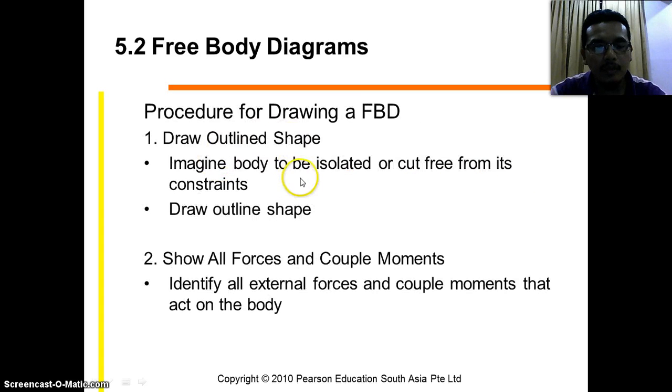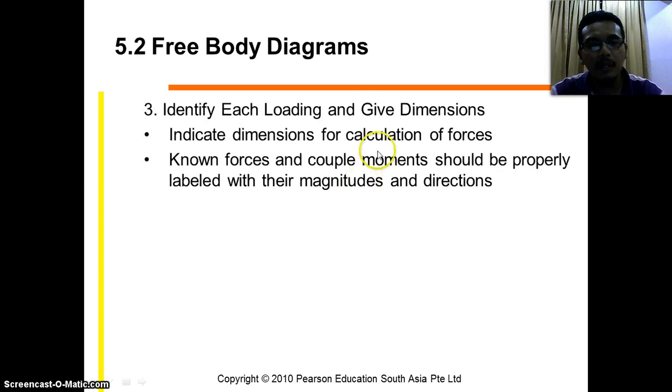So the first one is we need to draw the body itself. Second, show all forces and couple moments, identify the loading, and also indicate the dimensions in order to calculate the forces and couple moments. All the known forces and couple moments should be properly labeled with magnitude and direction.